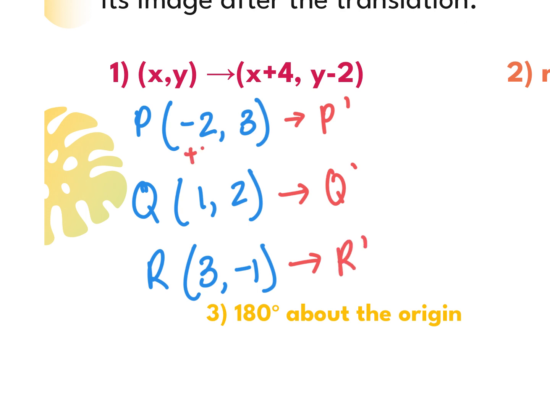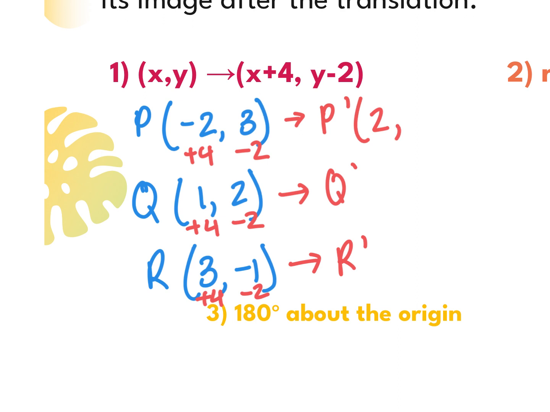So my rule is adding 4, subtracting 2. I'm just going to write it at the bottom so I have some space. But if you guys like to write it out to the side, that's up to you. So what would my new image be for P? What would my new coordinates be? What's -2 plus 4? It would be 2.